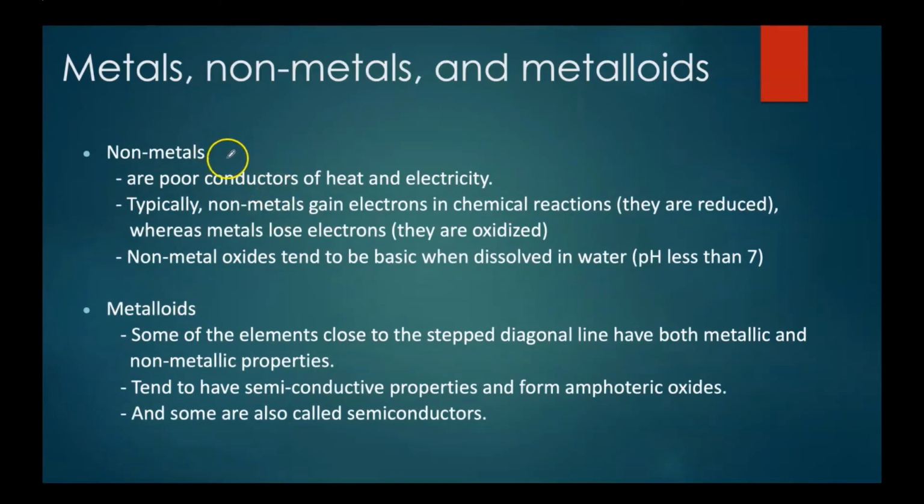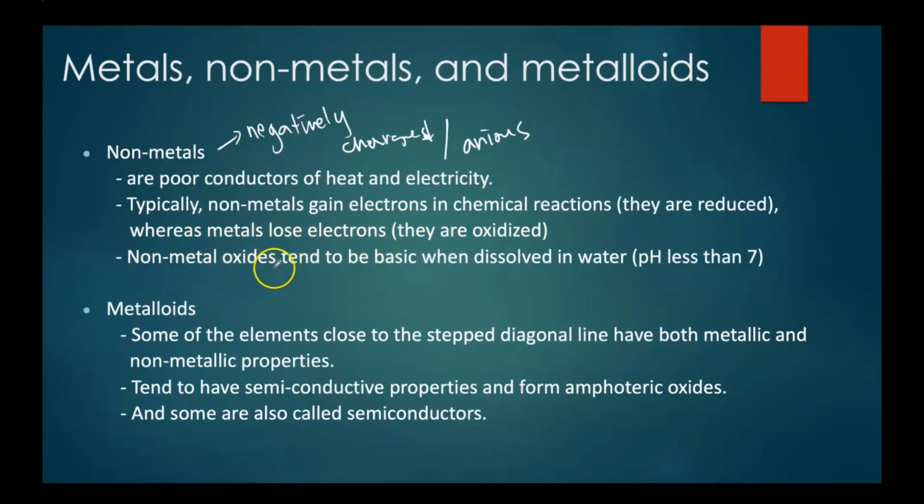And non-metals are negatively charged, which means they're anions, and they are poor conductors of heat and electricity. Typically, non-metals gain electrons in chemical reactions. They are getting reduced, whereas metals lose electrons.